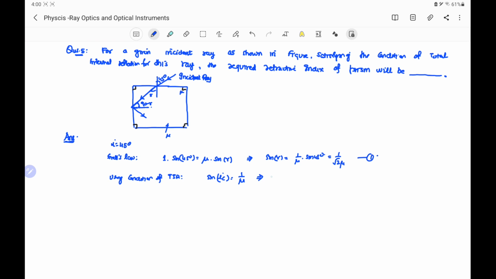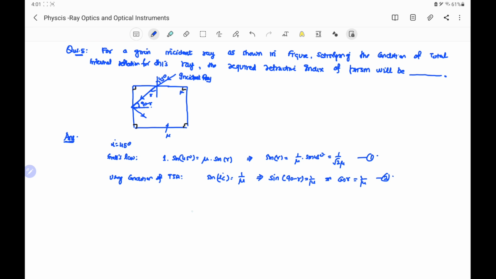This implies that the limiting condition of the total internal reflection is for the angle of incidence, here 90 minus R as per question. So we can write sin of 90 minus R equal to 1 by mu, or cos R equal to 1 by mu. This is the equation number 2.